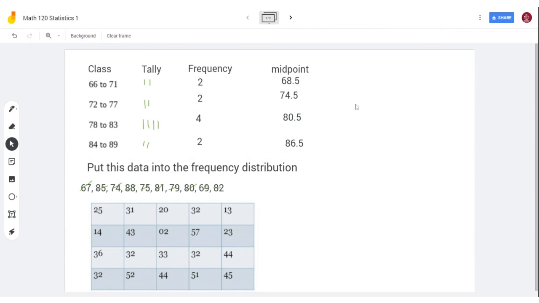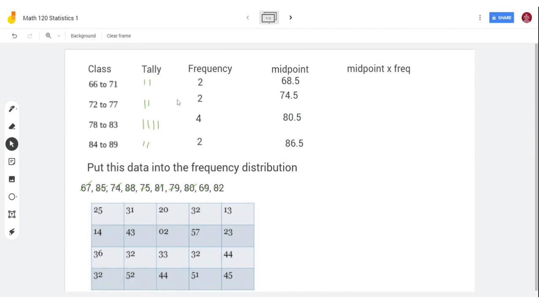So what we got to do is do one more column: midpoint times the frequency.